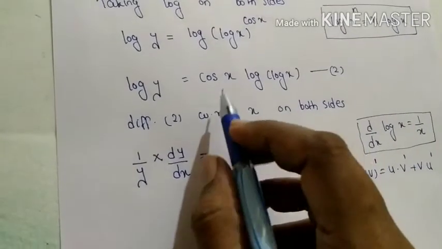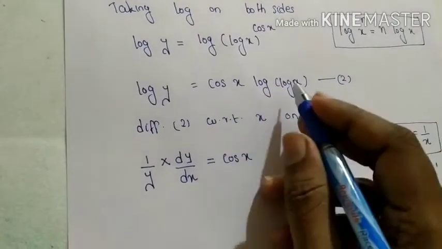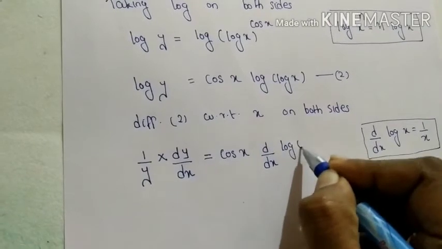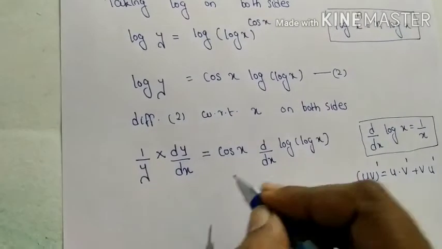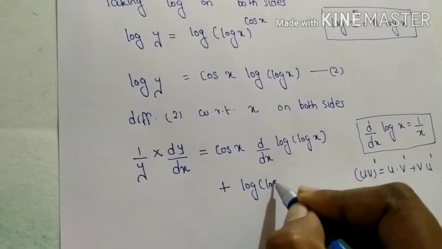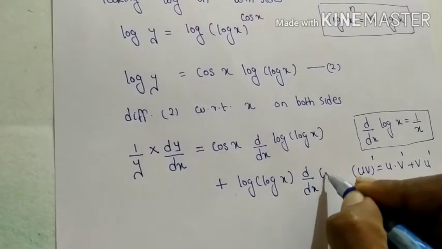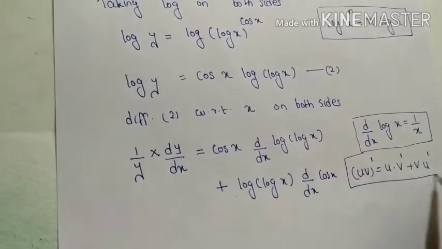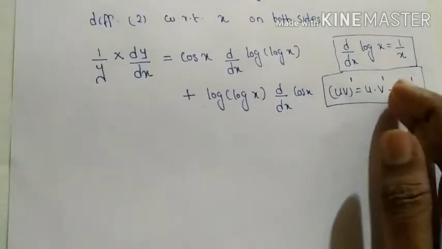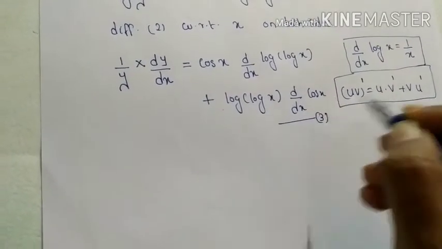Okay, so first function into derivative of second function, derivative of log of log x, plus second function, log of log x, into derivative of cos x. Okay. So let us name it as equation number 3.